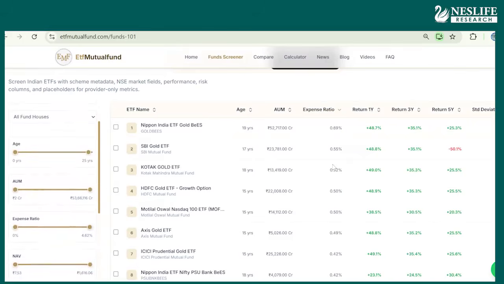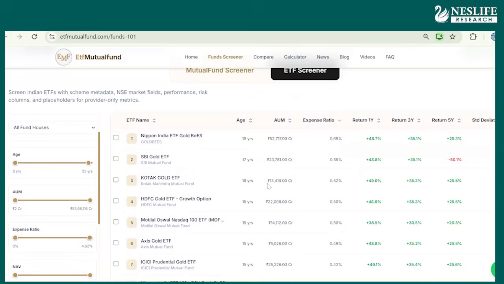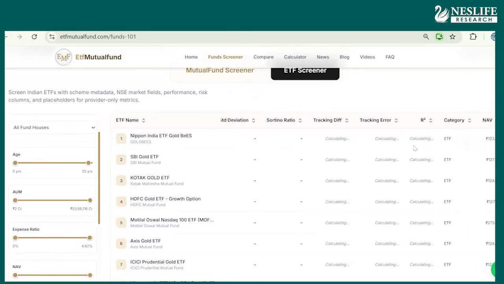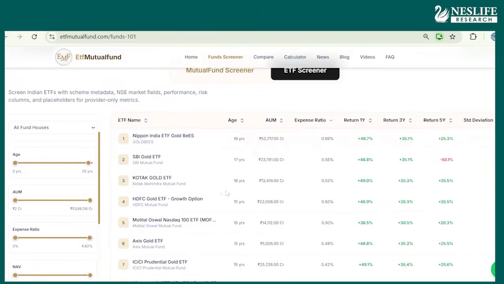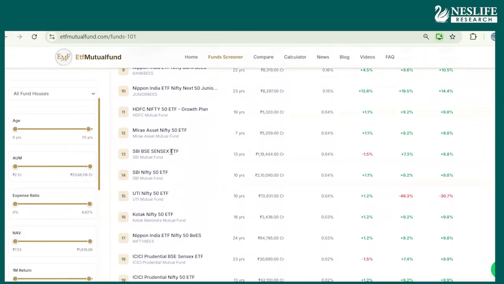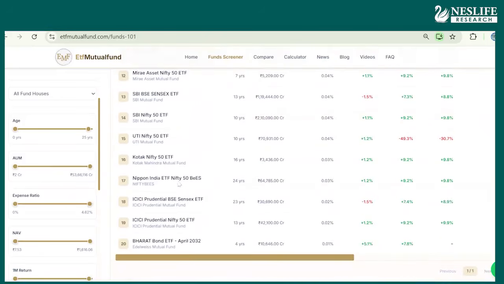Okay. So let us say you want to see the Nifty Bees. Then there are tracking error and tracking difference. They'll also come. So you see that the first name represents the AMC, that is the asset management company. The second word represents the index and ETF. Now let us see this fund, Nippon Bees.